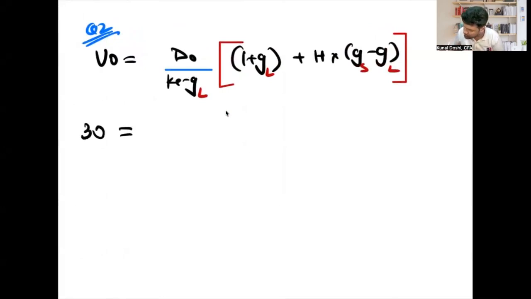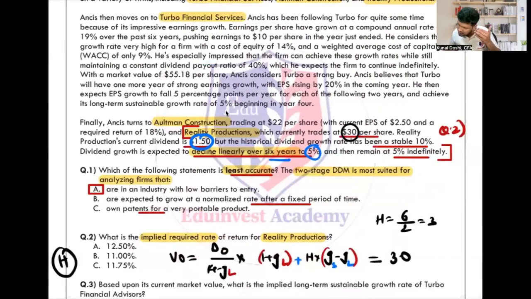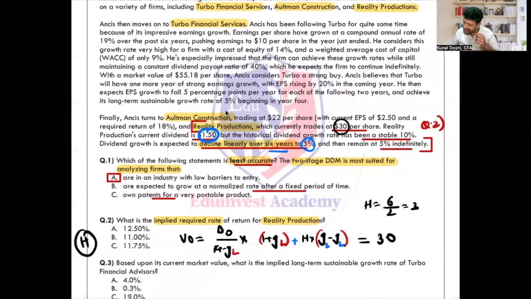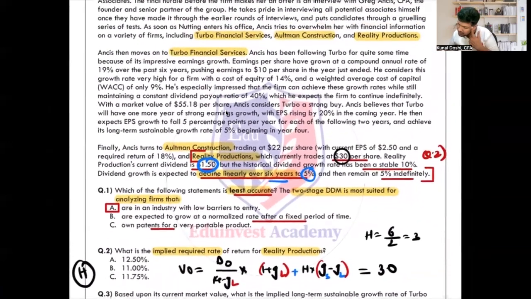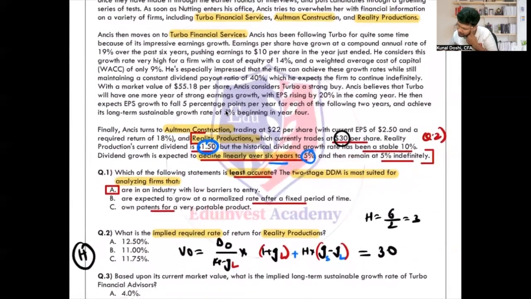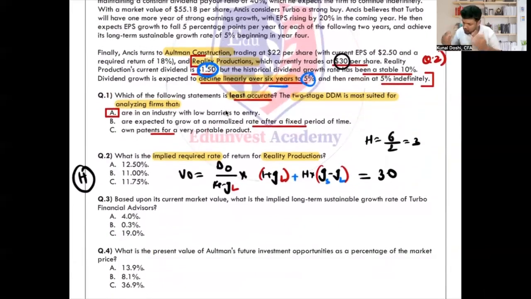This all should result in 30: 1.5 over the cost of equity. What is my cost of equity here? Oh, that's what we are looking for. I'm so sorry, we are looking at the implied required return.